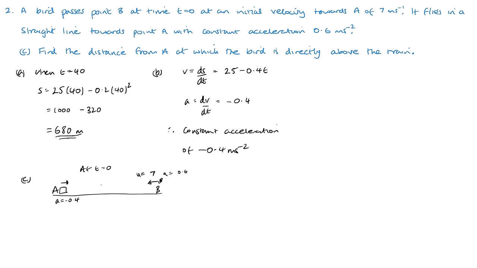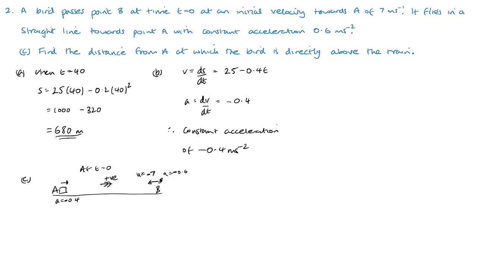Now if I take this direction as positive, so the way the train is moving, because this minus 0.4 is obviously the deceleration of the train, then this is going to be minus 7 and this will be minus 0.6 because it's accelerating with 0.6 towards A, and this velocity is towards A, so the velocities are this direction.